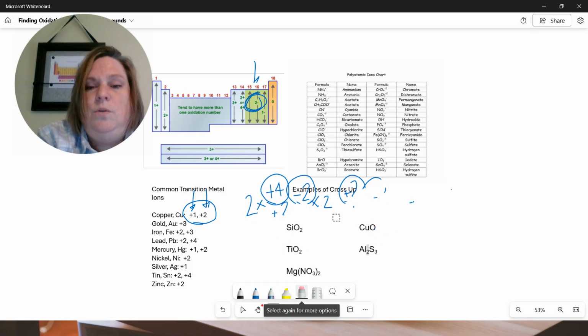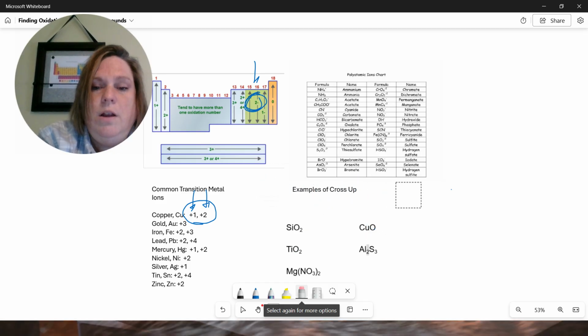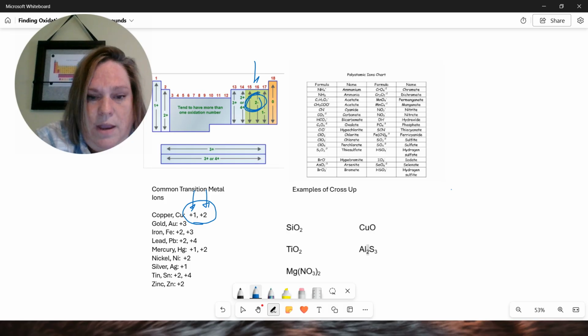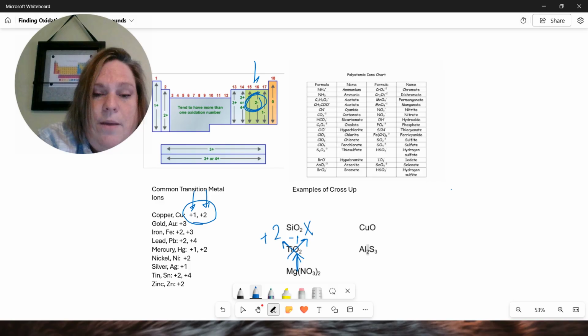So let's go to our next problem, which is going to be the titanium and the oxygen. We have a 1 that we're going to bring up for the oxygen, a 2 for the titanium. First one's positive, second one's negative. Check the one on the right, which we've been checking, oxygen. We know that it needs to be a -2.